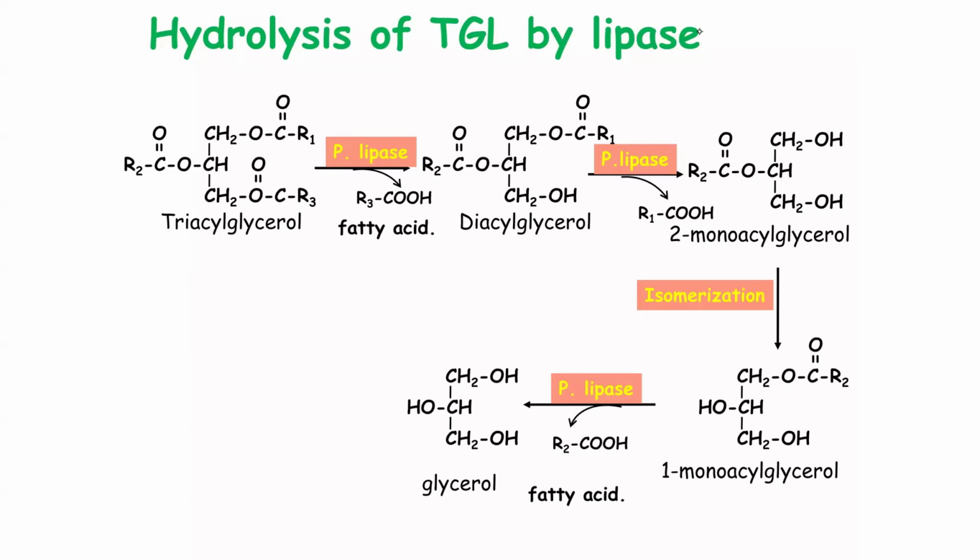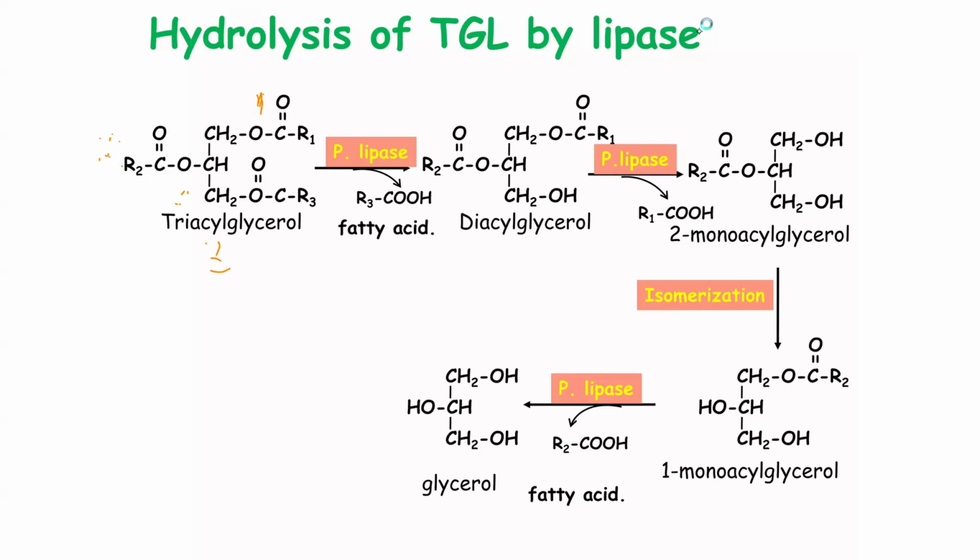It is called triacylglycerol because there are three fatty acids, one here, another one here, then another one here. So what happened is this pancreatic lipase first acts and removes the fatty acid at carbon 3.